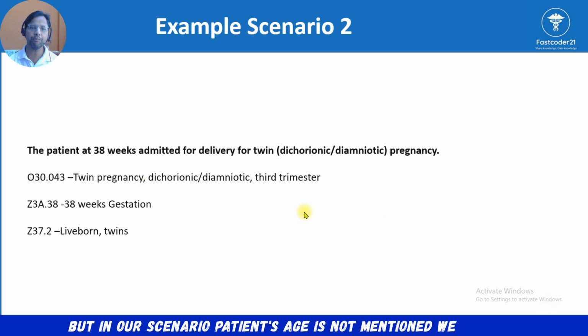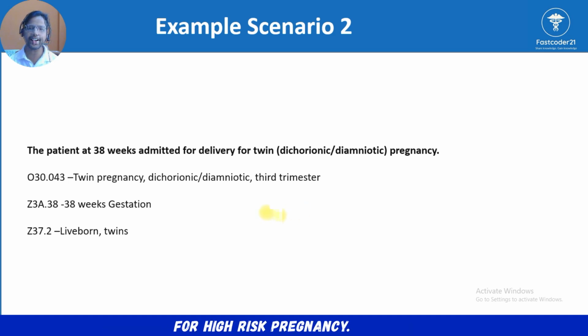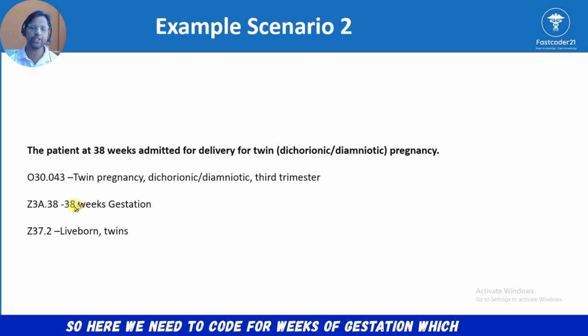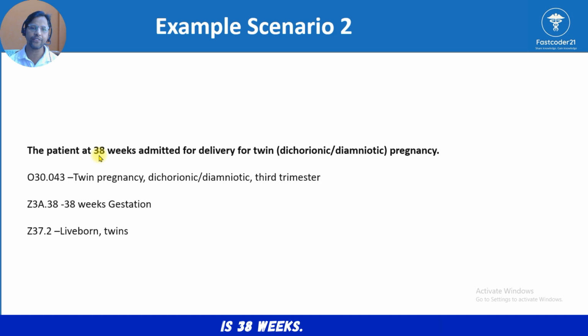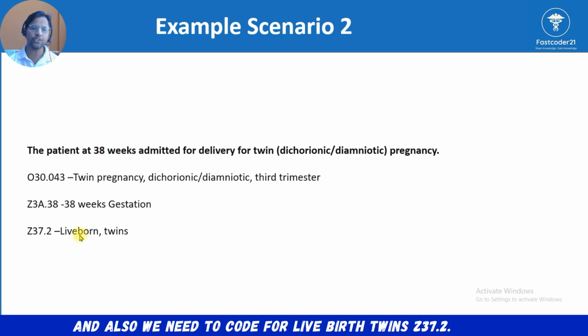But in our scenario, patient's age is not mentioned, so we need not worry. But if you see the patient age in the operative report, you need to code a separate code for high risk pregnancy. So here we need to code for weeks of gestation, which is 38 weeks. And also we need to code for live born twins, Z37.2.